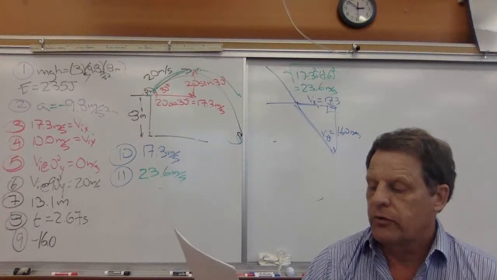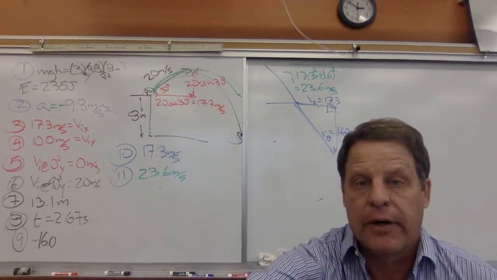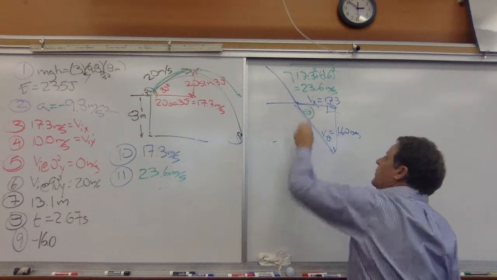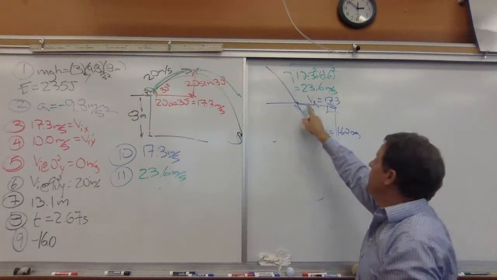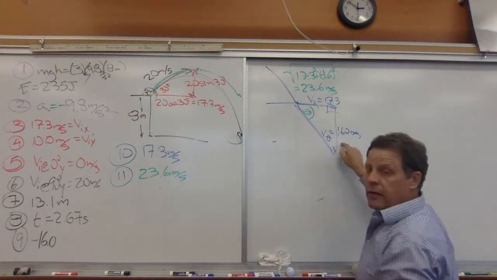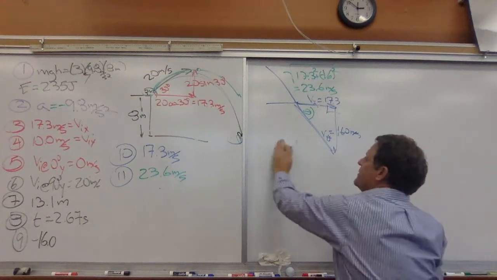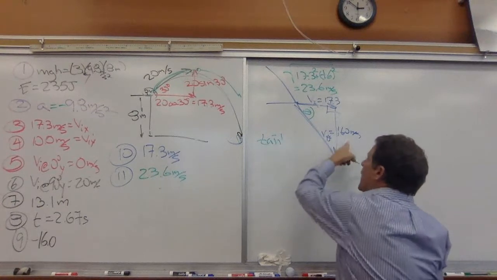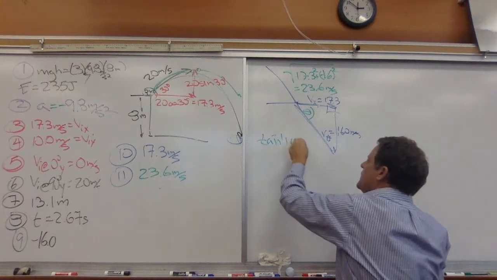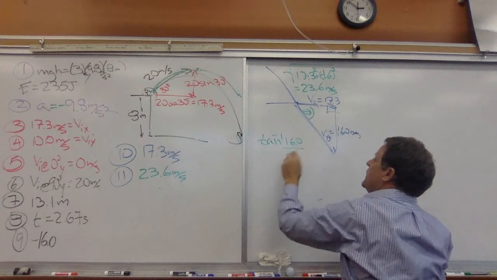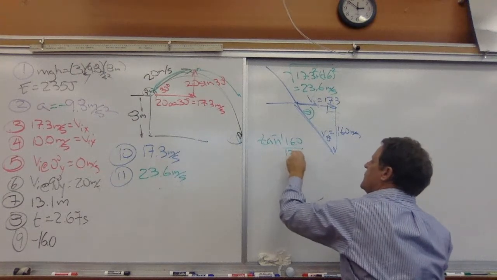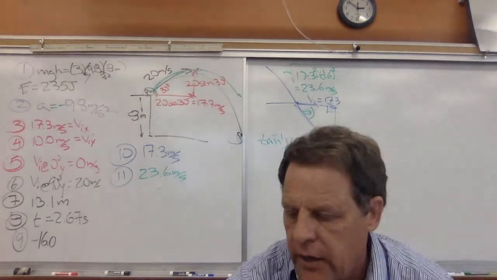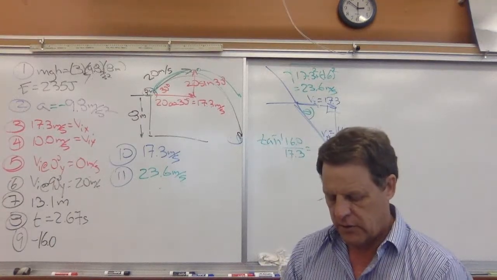What is the ball's direction just before it hits the ground? Now we want this angle right there, and we have the two sides. So we can say the inverse tangent of the opposite side, which is 16, divided by the adjacent side, 17.3. And that is going to give us the answer.